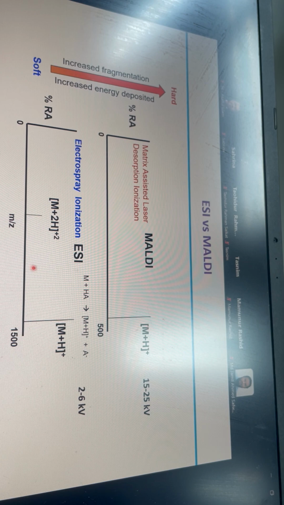In ESI, you will see multiple charge states. In MALDI, you will see only singlet and doublet. So MALDI is very harsh, because you are applying very high voltage, and ESI is very soft, because you are applying very low voltage.